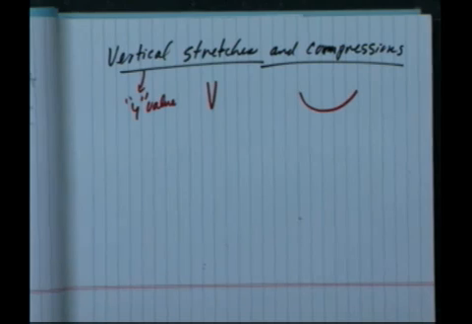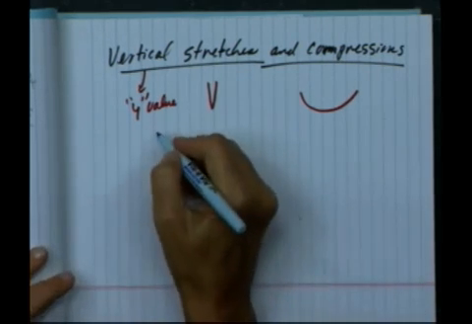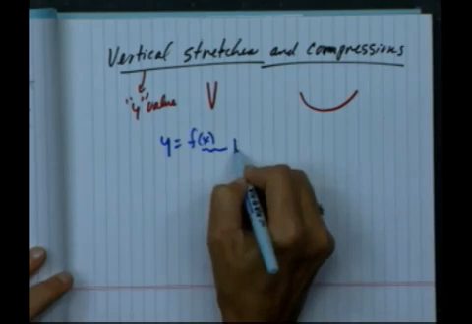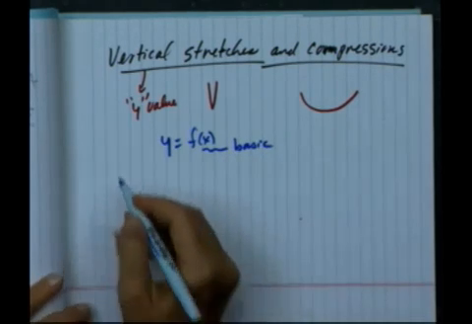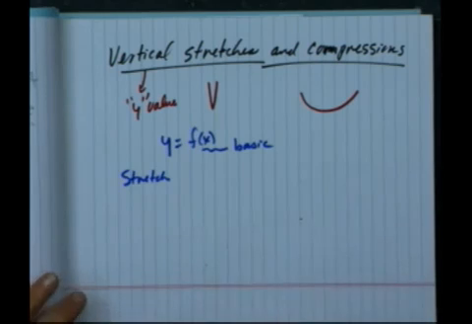Now, how does that work? We have some function y equals f of x. This is one of your basic functions. To stretch, if you're keeping your x values the same, and all of a sudden your graph is going up faster, aren't you multiplying those y values by a bigger number?